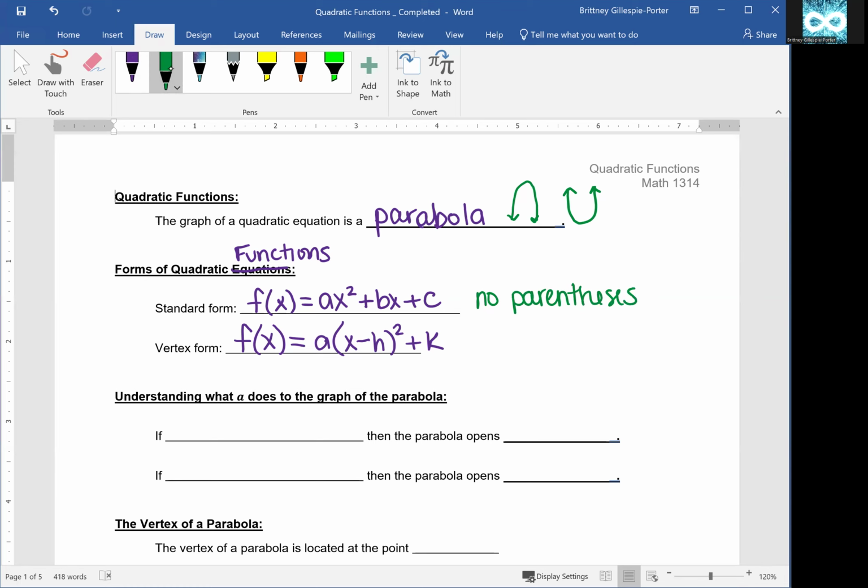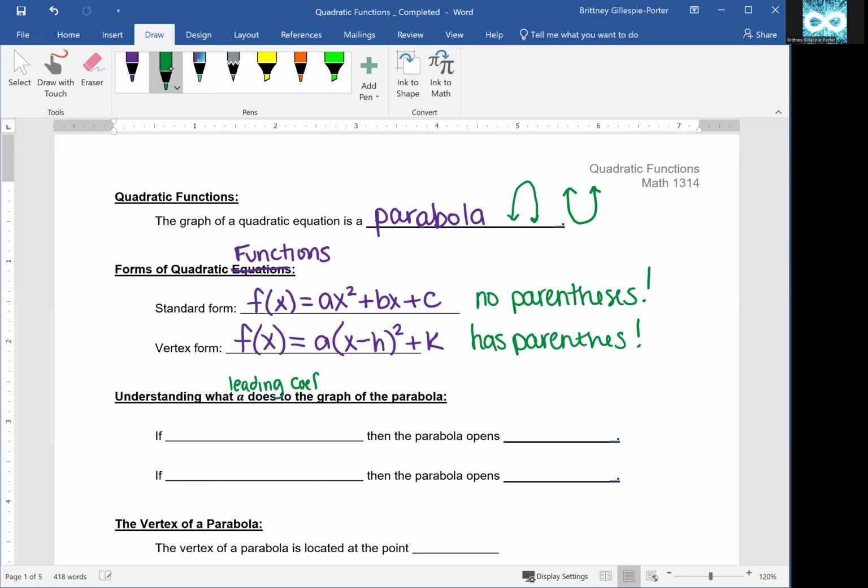And our vertex form has parentheses. Or some of my students say, yes, parentheses. You need to be able to tell which format you have.